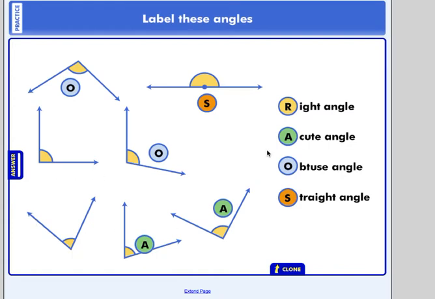I can see that it does not open wide enough to make that square angle, so we're going to label that one acute, and this one, whoa. I'm going to guess it's a right angle. Looks pretty straight up and down there, so let's see how well we did.